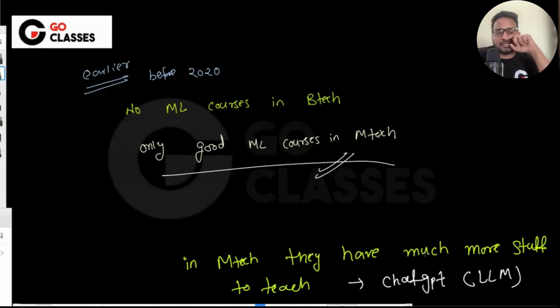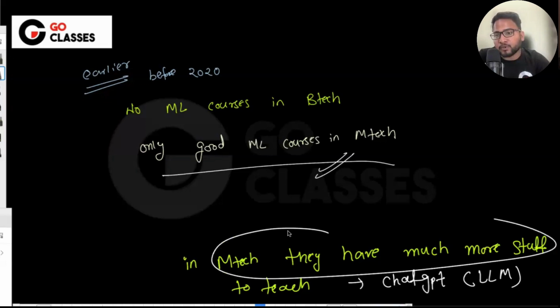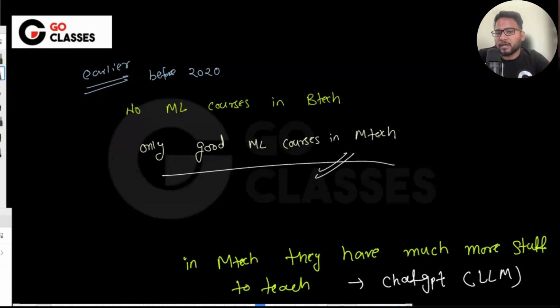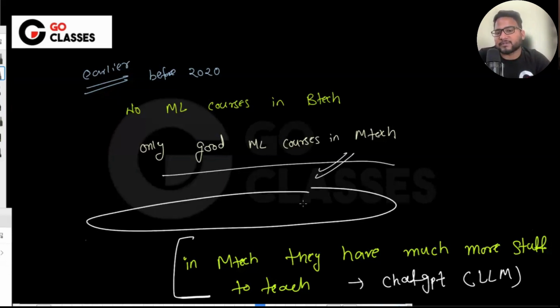So there are multiple things: language models, computer vision, natural language processing, machine learning, deep learning, where things are rapidly changing. So in MTech they have much more stuff to teach now, to be honest. Since they have so much more to teach, they do not have time to teach these basics which we are currently going through. So that is why they have shifted the basics here.